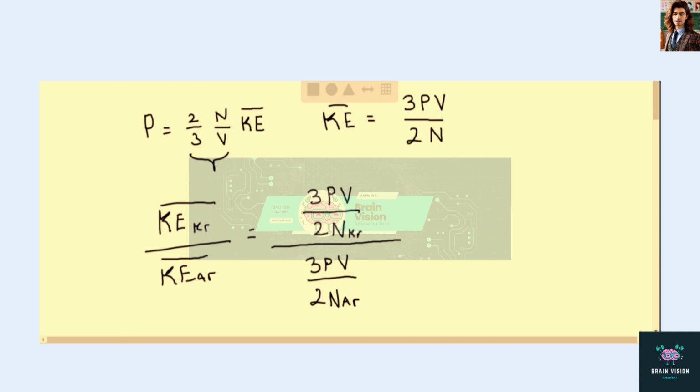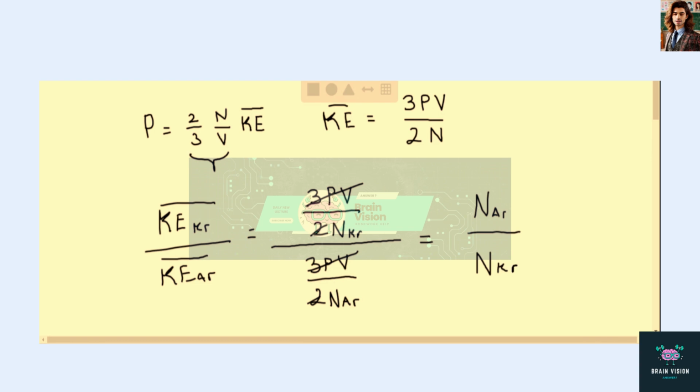All right. So we can see a bunch of stuff's going to cancel out, right? 3PV, 3PV, 2 and 2. And then we'll be left with a 1 over N sub krypton and a 1 over N sub argon. Or, if we simplify that, we will have the number of argon molecules over the number of krypton molecules.